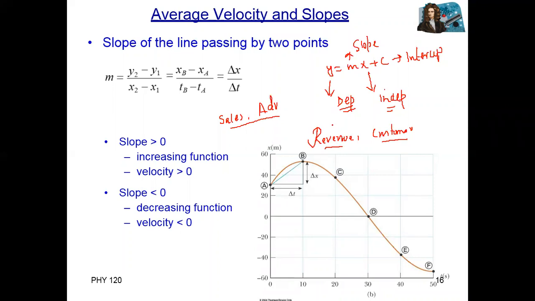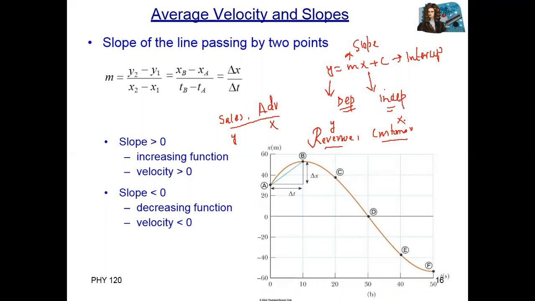Revenue is dependent. So Y means sales, X means advertisement. Same with revenue: Y is the dependent variable and customer is the independent variable, because revenue depends upon customers, but customers don't depend upon revenue.